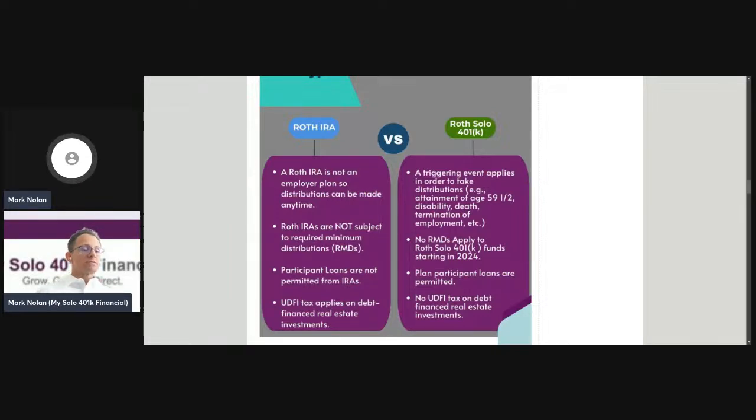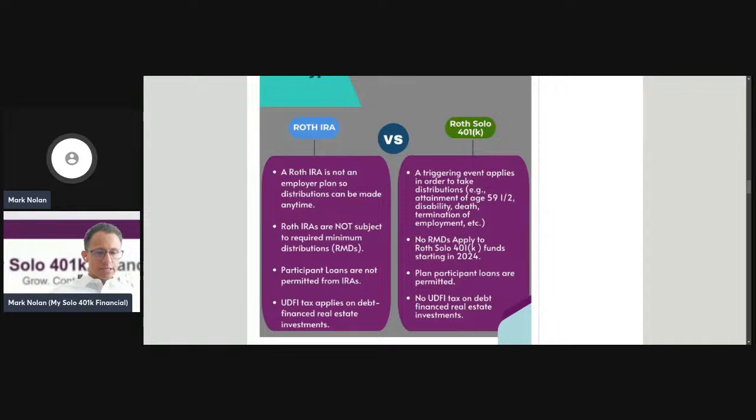That way they can use those funds for investing in the plan, and also they can use it for borrowing from the plan through a 401k participant loan. They also like to use it for investing in real estate where the 401k obtains a non-recourse loan, so it doesn't trigger unrelated debt financed income tax. And what is more, resulting from SECURE Act 2.0, required minimum distributions no longer apply to Roth solo 401k plans, which puts it on even heels with the Roth IRA. So this is a good chart to look at.